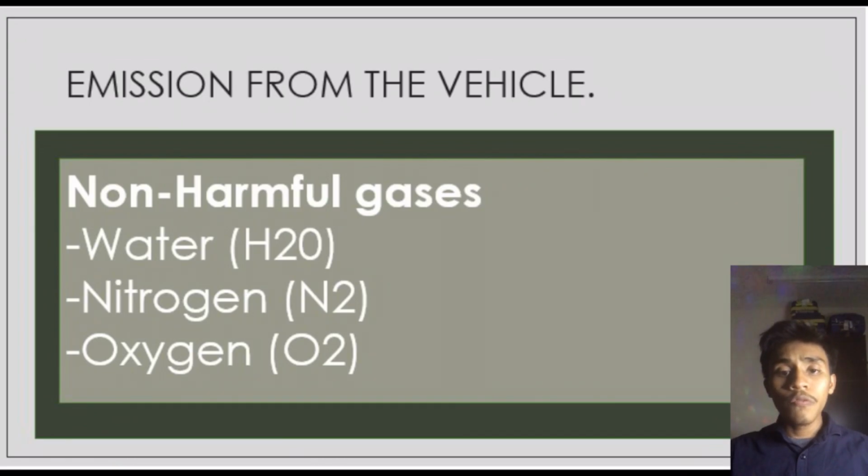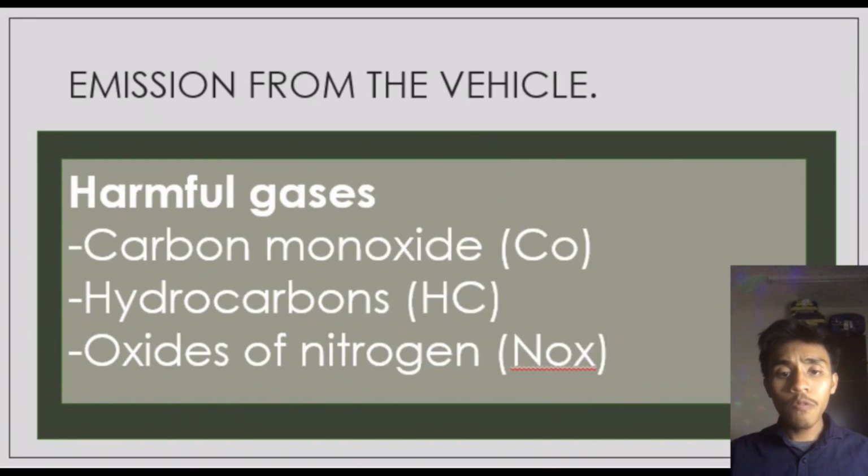So, the emission made by a vehicle has harmful and non-harmful gas. The non-harmful gas consists of water, H2O, nitrogen, N2, and oxygen, O2. The harmful gas for humans that is produced by a vehicle is carbon monoxide.